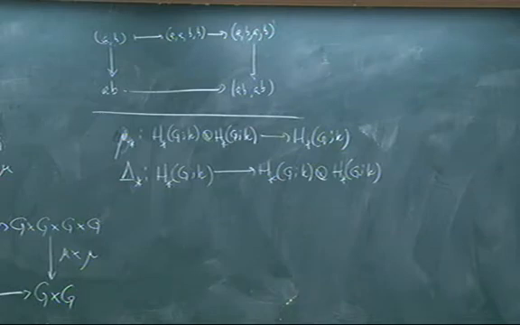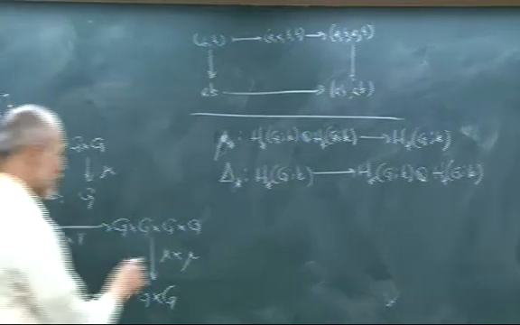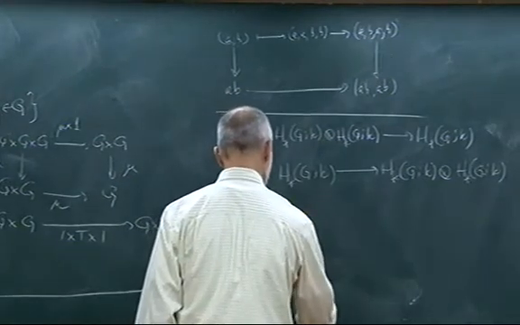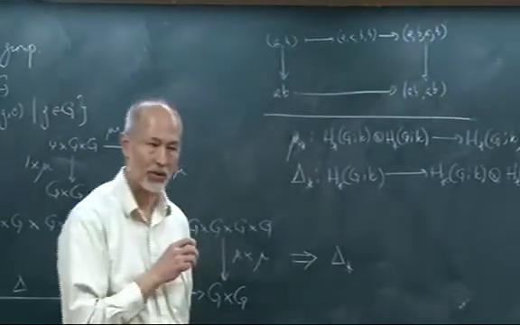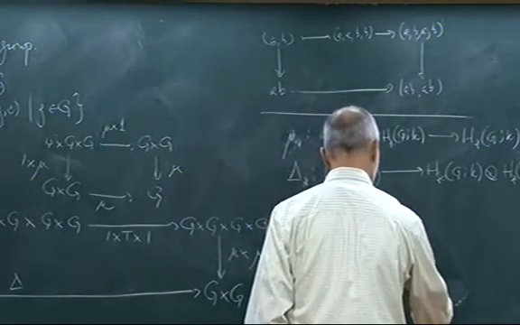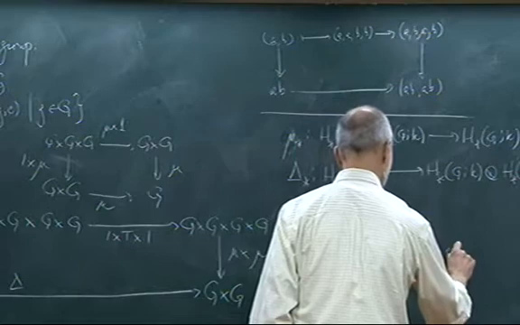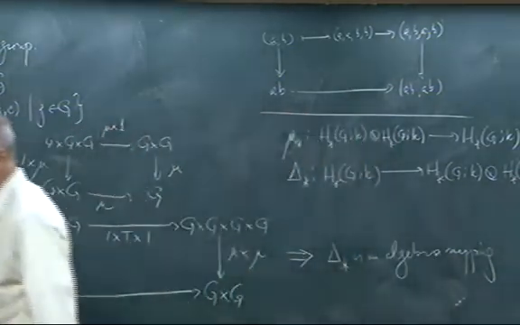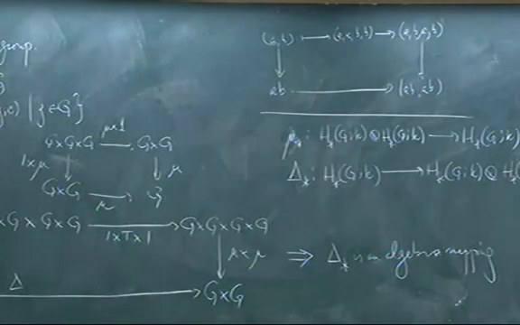And so what this diagram is telling me is that the coproduct is an algebra mapping. Did I get that right? Yes.